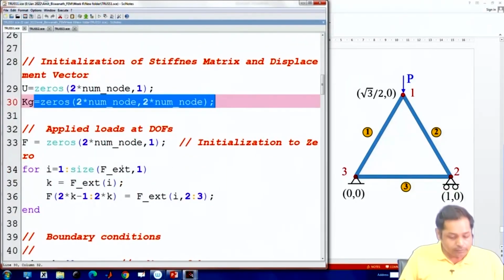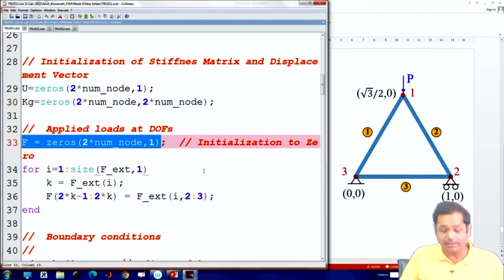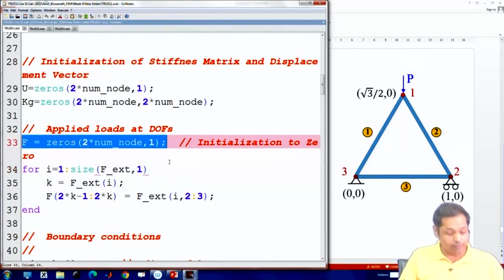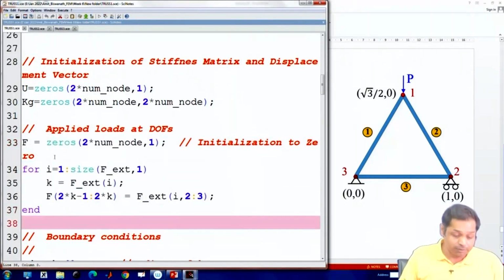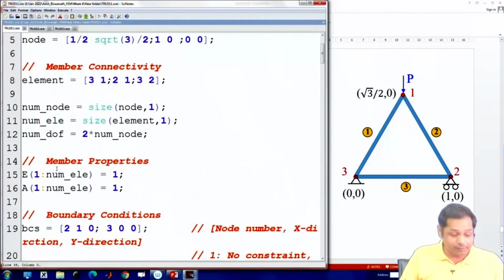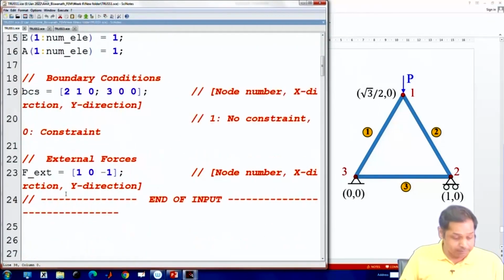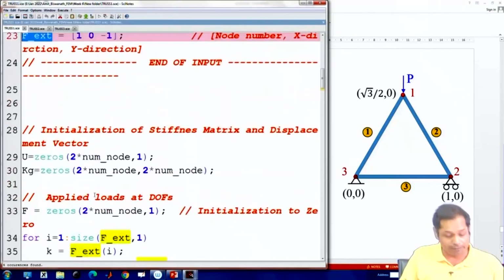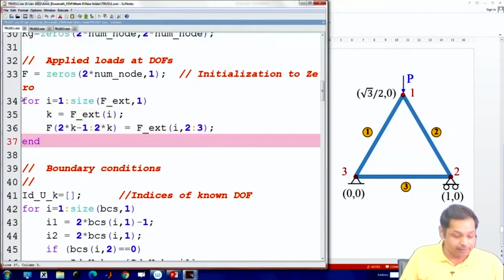Now, F is equal to, this is the initialization of the global load vector. In the global load vector, we know that there are external forces here. Based on this information, we have to put it in the global load vector, and this is done here.